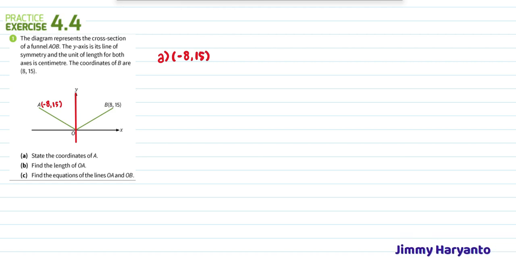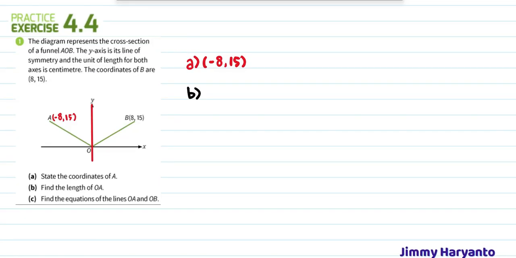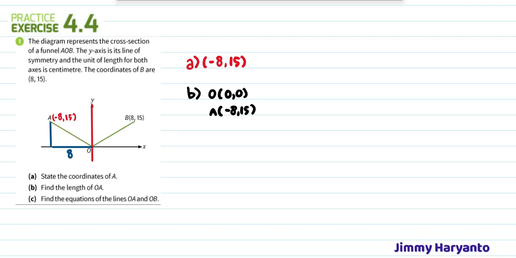Okay, and then B, to find the length of OA. O is 0, 0, and A is negative 8, 15. For this one, I will not use the formula. I will use trigonometry to find the length of OA. So this one is 8 units and this one is 15 units.